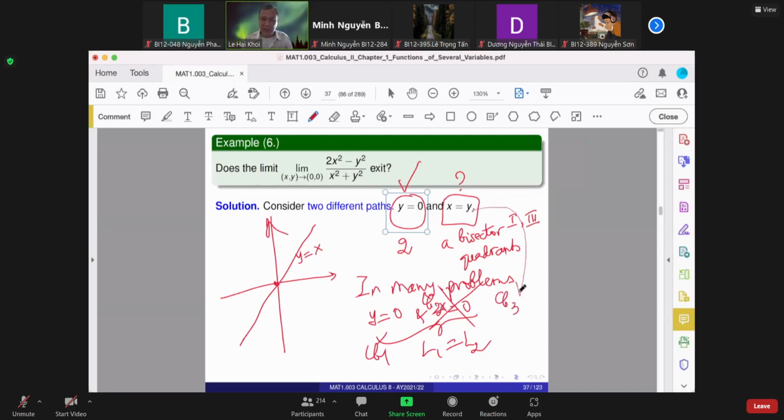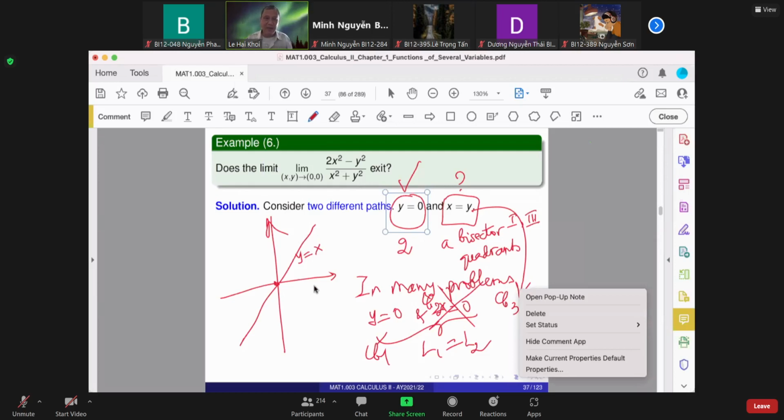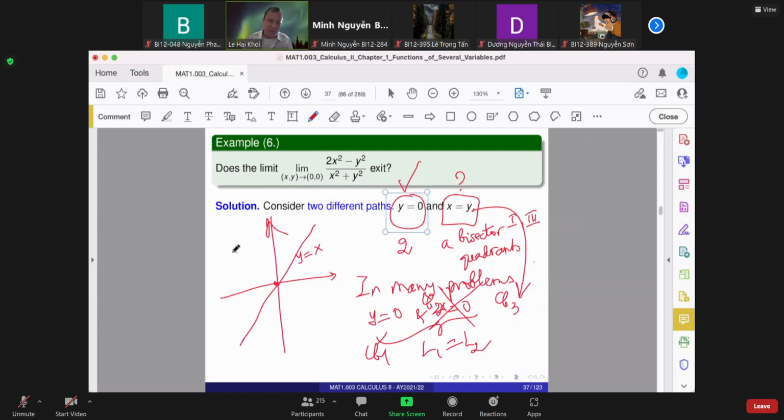Usually C3 is either y equal to x, the bisector of the first and the third quadrant, or, for example, y equal to negative x, quadrants 2 and 4. And you consider this one. If L1 and L3 are different, then you get the answer. If the same result, you should think to take another path.